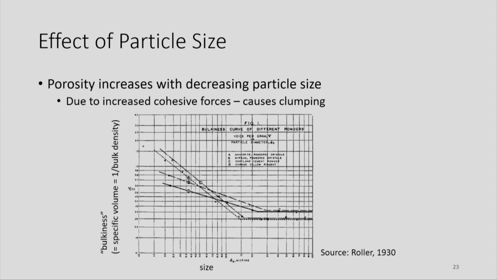But for smaller size, uniform shape, uniform size powder, if it's cohesive, the porosity will also go up, mainly due to cohesive bonding between the particles that forms arches when you are pouring into bulk.